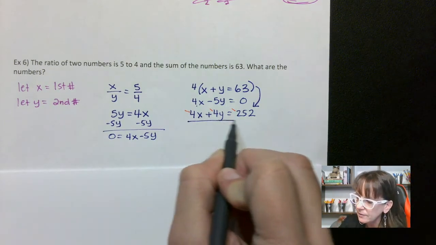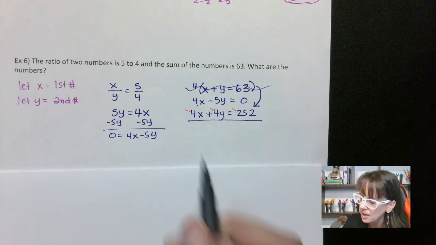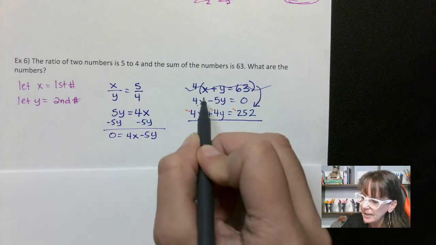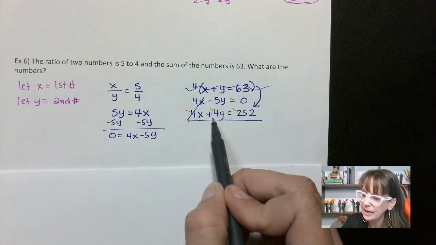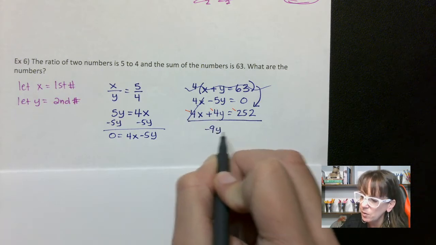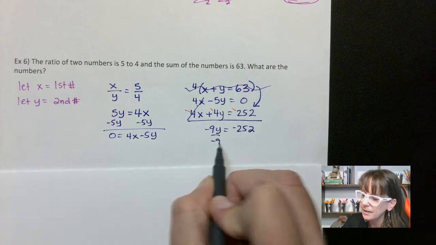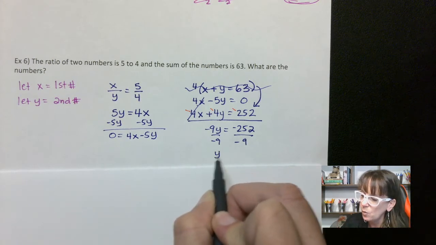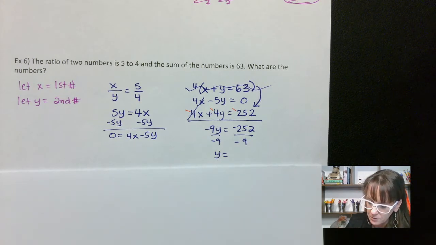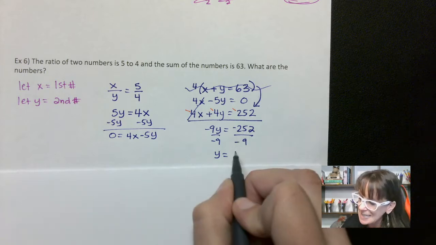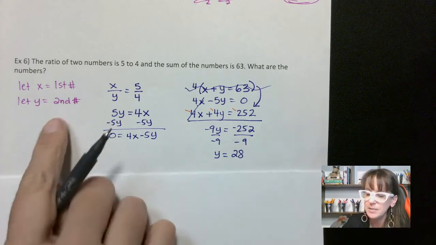Now these cancel out, and we have -5y and -4y is -9y equals -252. Divide by -9 on both sides. Y equals 252 divided by 9, which gives us 28. So our second number is 28.